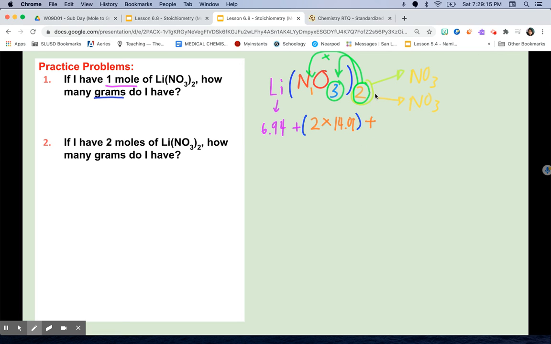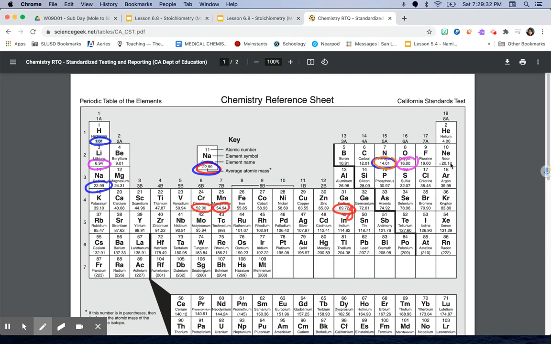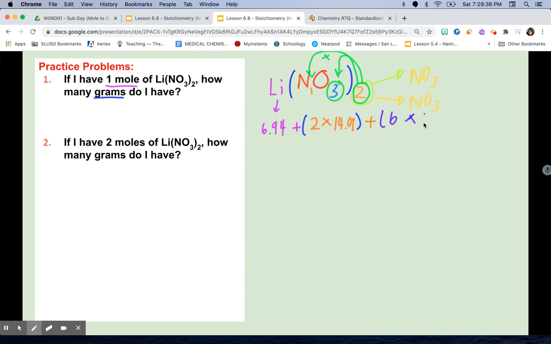So technically, I have 6 O's, and that's going to be 6 times whatever the weight of O is, or the average atomic mass of O, 16. So 6 times 16.